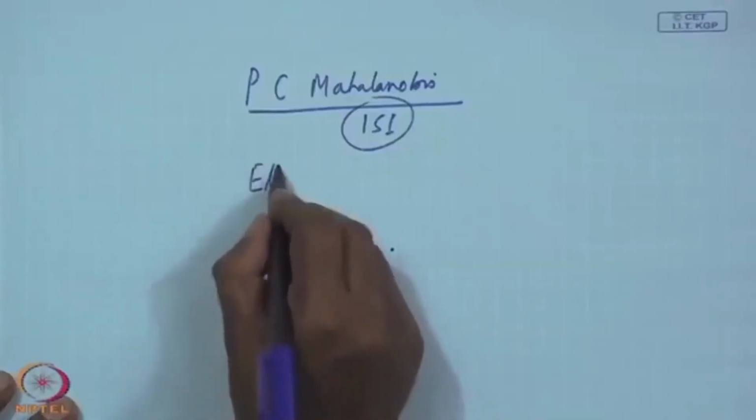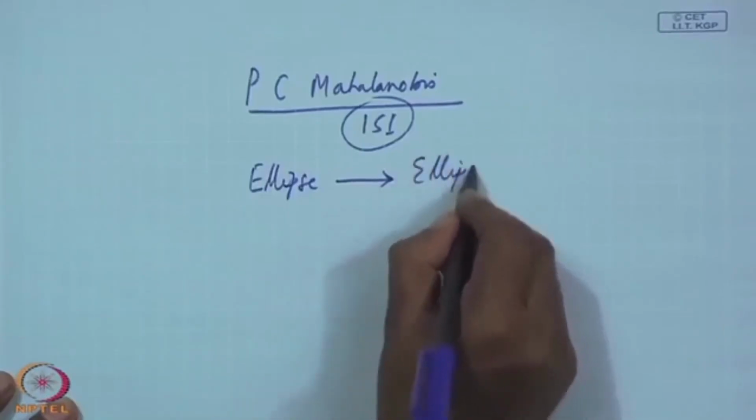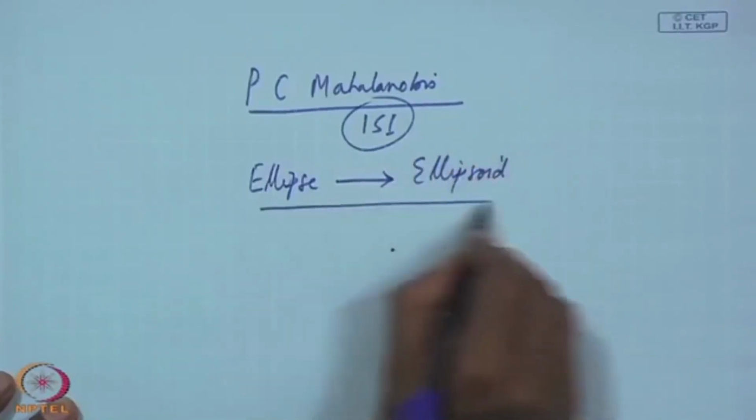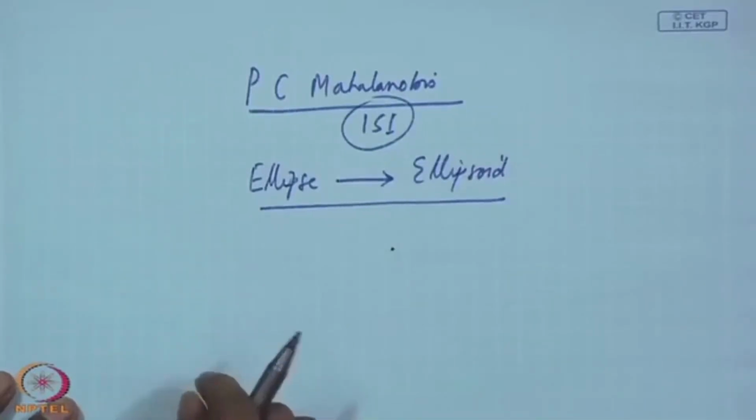When the number of variables is more than 2, it will be difficult to visualize pictorially, but the points are there. So, ellipse will become ellipsoid, hyperellipsoid.